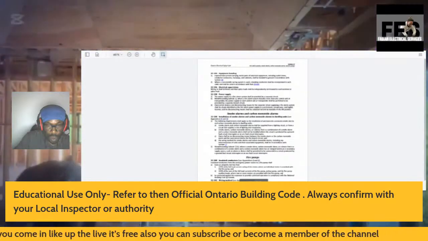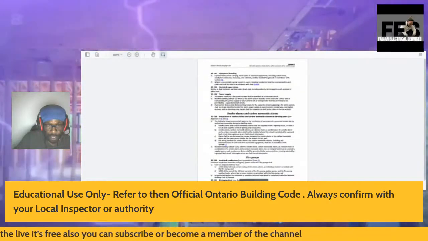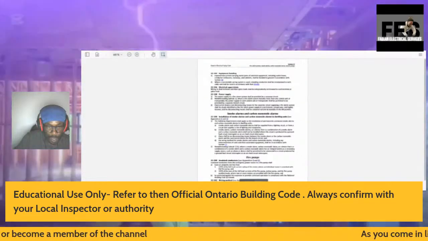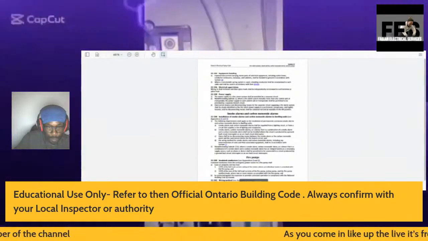We're catching it right because it says smoke alarm and carbon monoxide alarms. So these are two different rules here. This other rule here, it says notwithstanding Subrule 1.